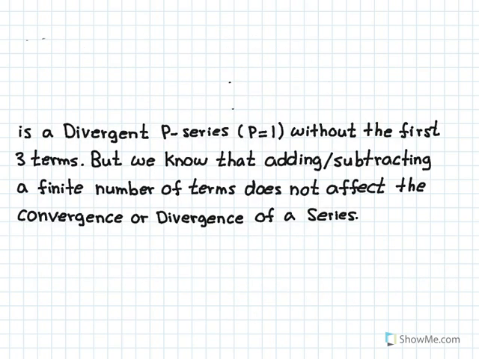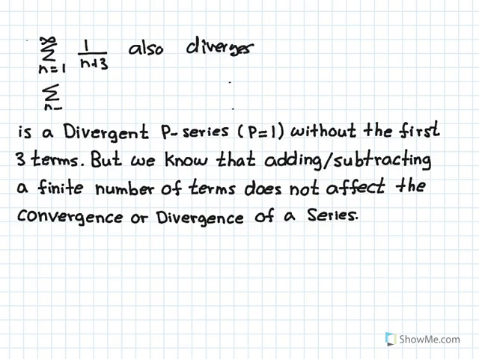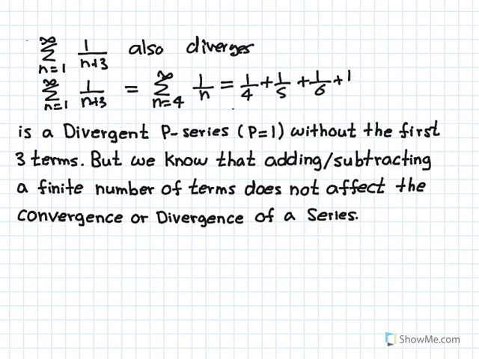Now it follows that summation n equals 1 to infinity 1 divided by n plus 3 also diverges, because this series is equivalent to the p-series that diverged. 1 over n plus 3, this is equal to summation n equals 4 to infinity 1 over n, which is 1 over 4, let's expand it, 1 over 5 as a second term, 1 over 6, 1 over 7, and so on.